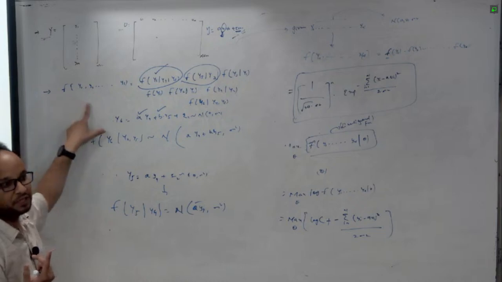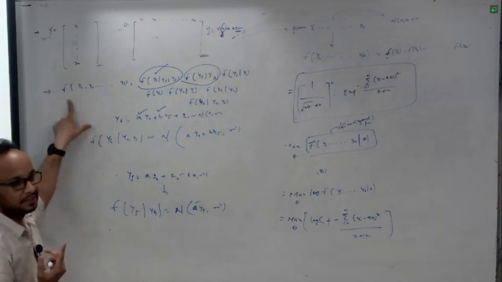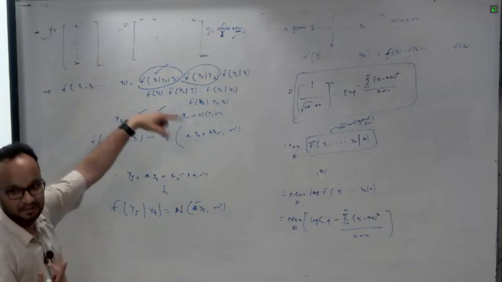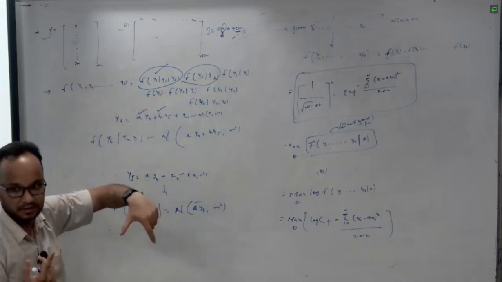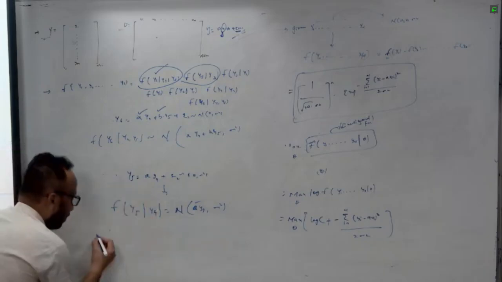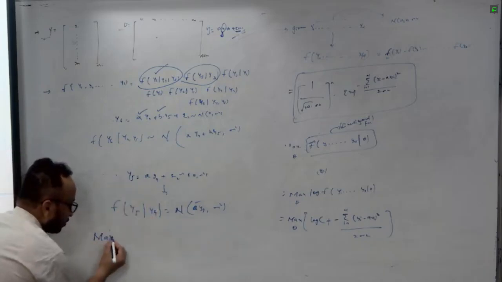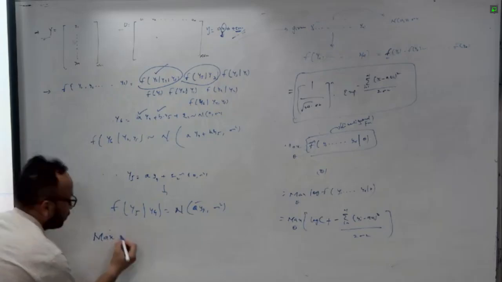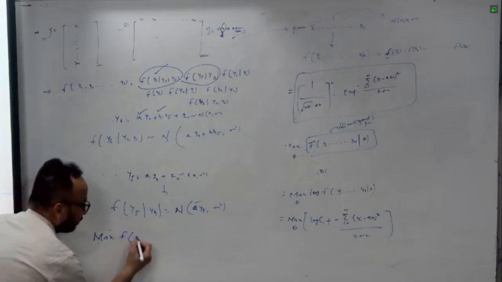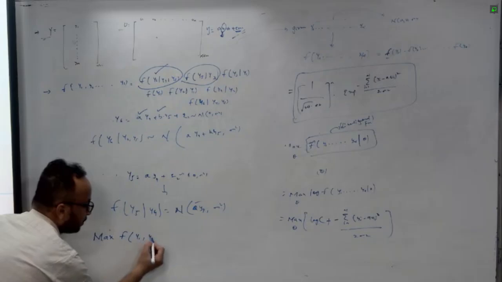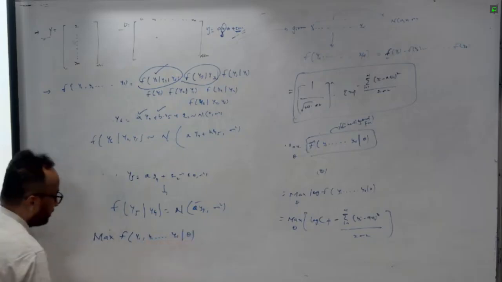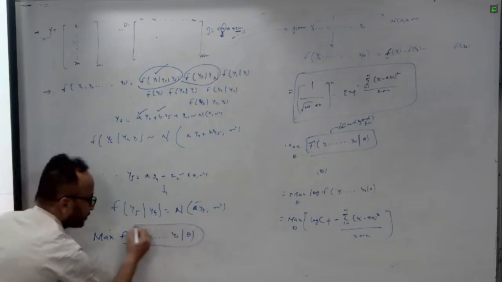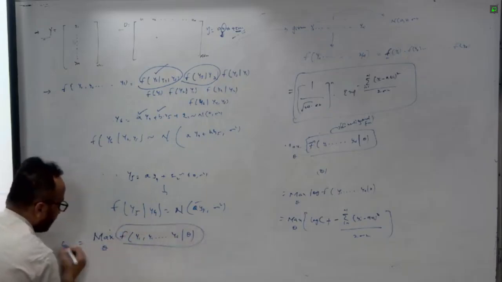If the joint density function is maximized, this data is exactly fitting the chosen model, the data is coming from that particular model. So I am going to solve a maximization of likelihood. I call it a likelihood function, f of y1 to y6 given theta, conditioned over theta. Maximize the joint density function with respect to theta, and you get theta hat.